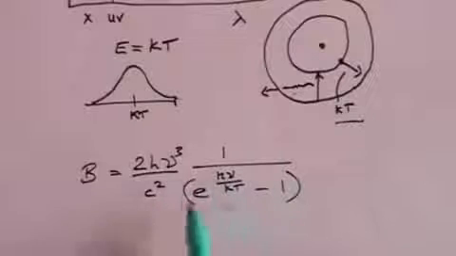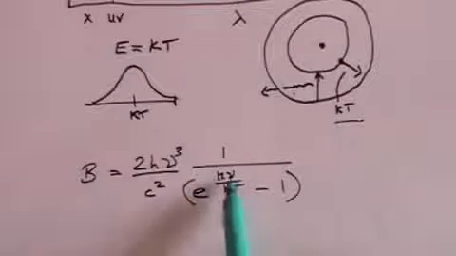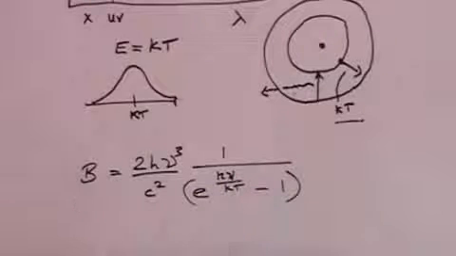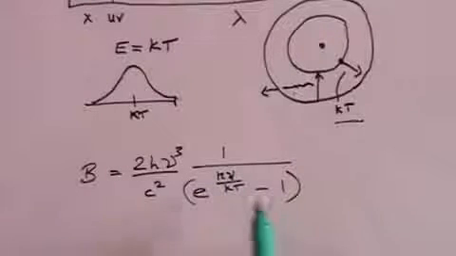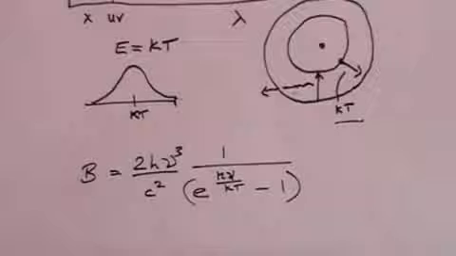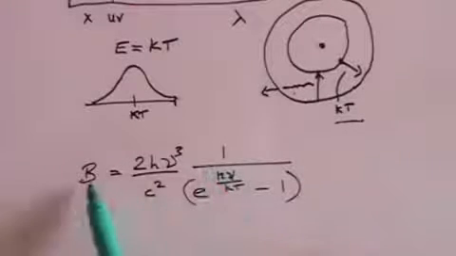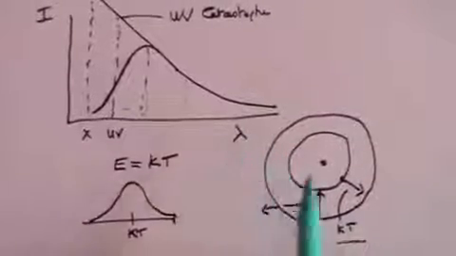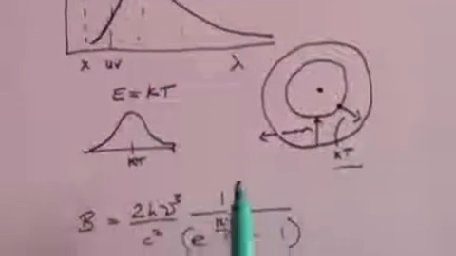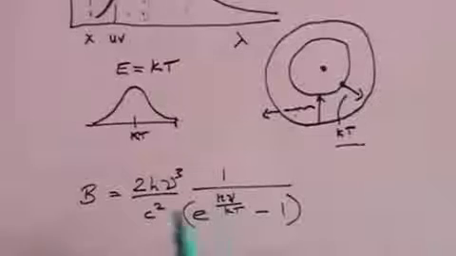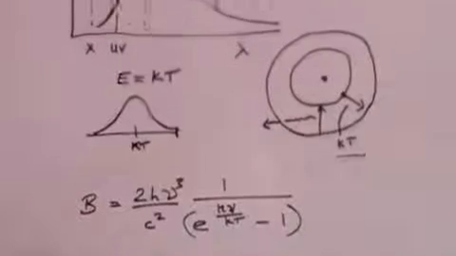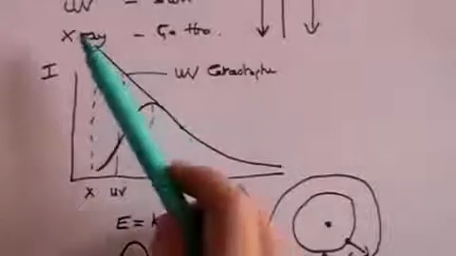And this is the famous Boltzmann term. You've got the energy of the photon, which is given by h times nu, I've described that in some of my earlier videos, divided by the available energy, which is on average kT. And that dictates how the intensity will vary. And that's what generates this curve. So that's the Planck formulation. But I hope even if you don't follow that, you'll have understood why, thankfully, we do not have an ultraviolet catastrophe.